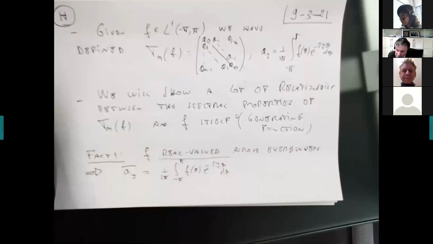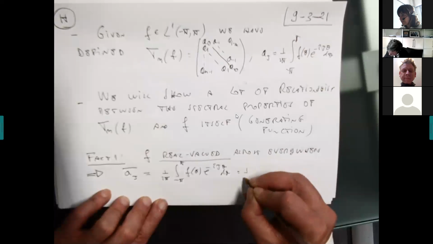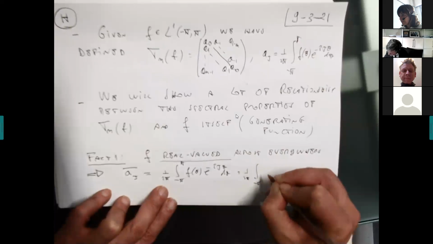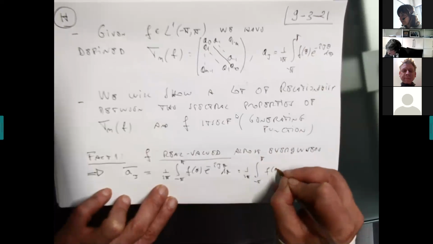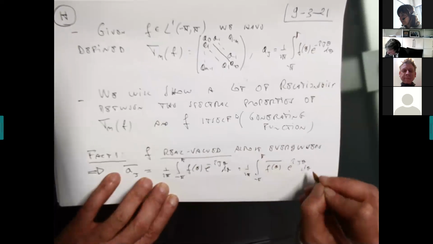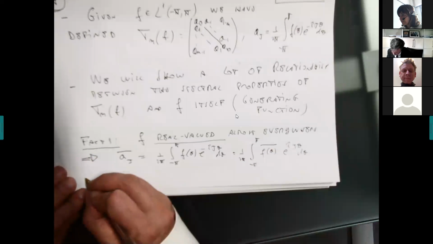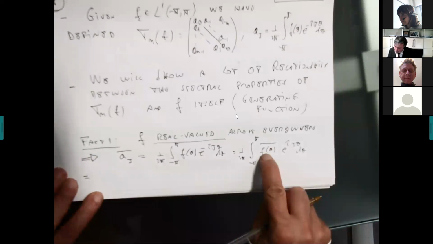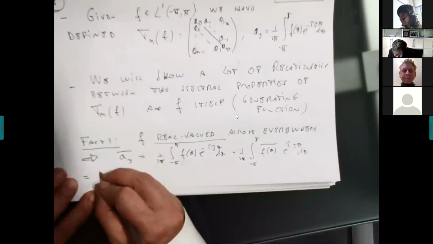And when you make the conjugate in an integral, you can make the integral of the conjugate, just because the integral is just a summation. So this is equal to 1 over 2 pi integral from minus pi to pi of f of theta conjugate e to the i j theta d theta. But f is real valued, so if you make the conjugate, it remains what it is.